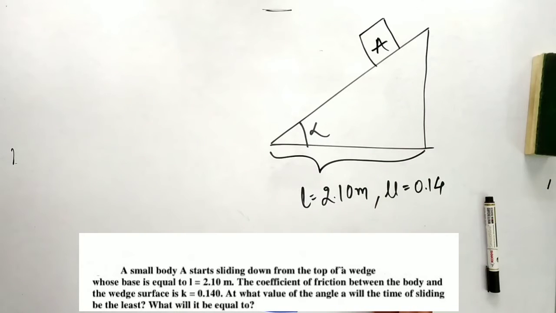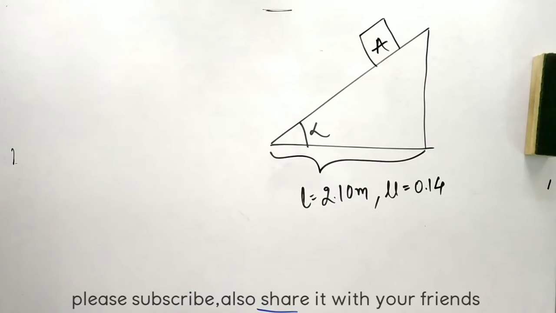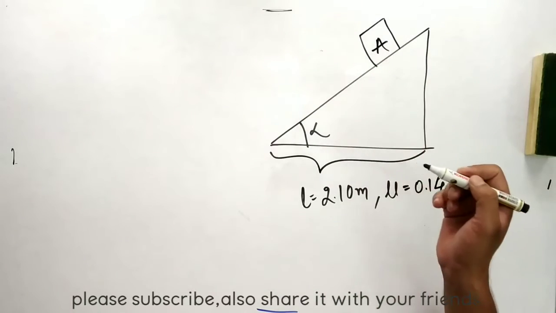These are the details of the inclined plane that are given to us. Just keep in mind that the length of the base is given to be 2.1 meter and the coefficient of friction is 0.14. So first let us calculate the distance that this body has to travel.